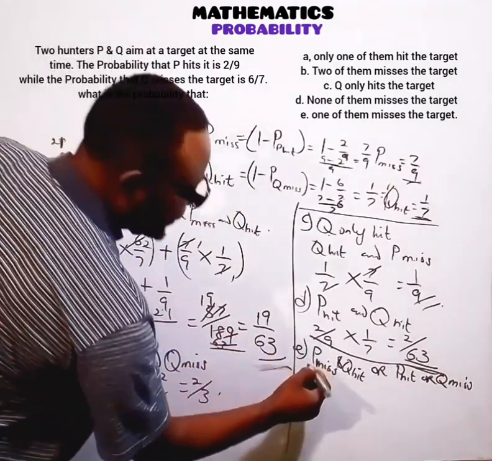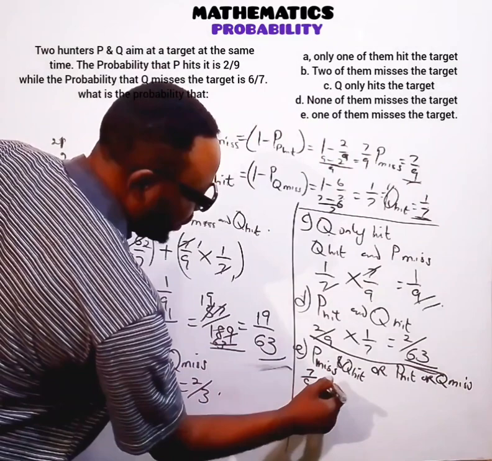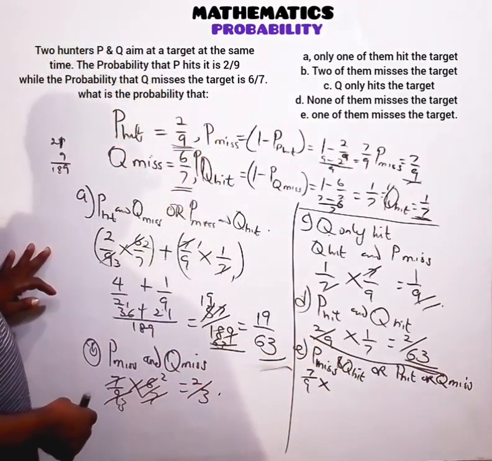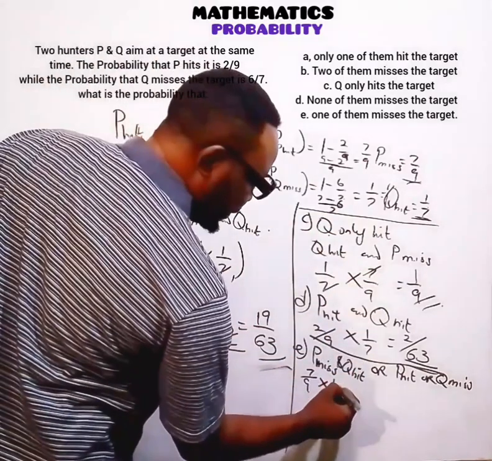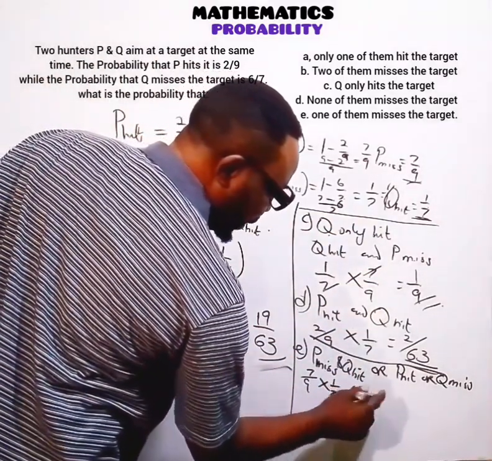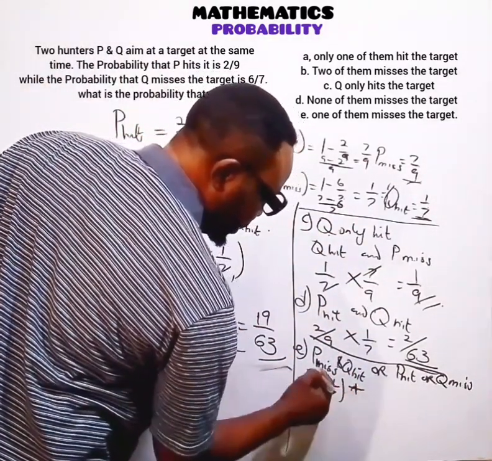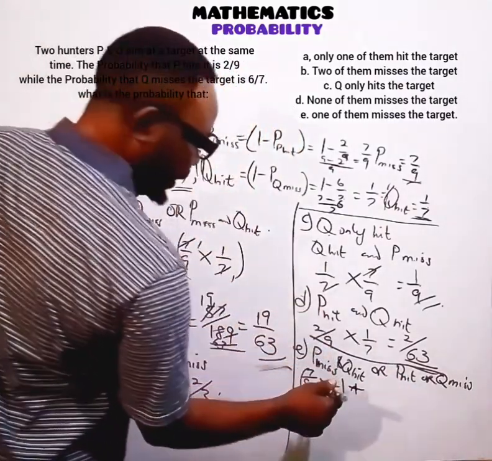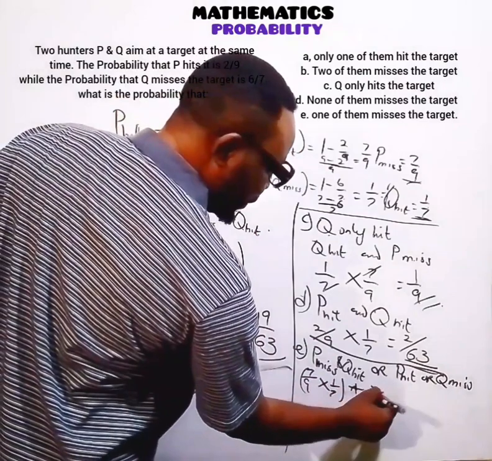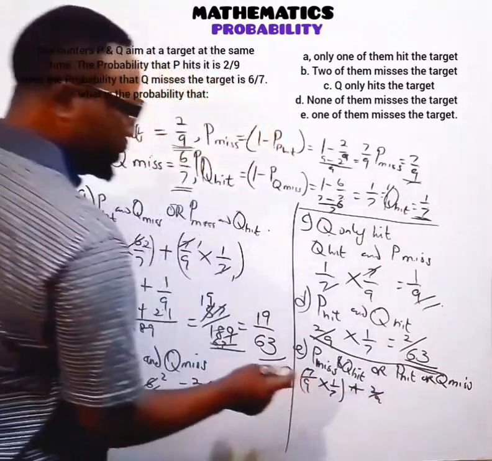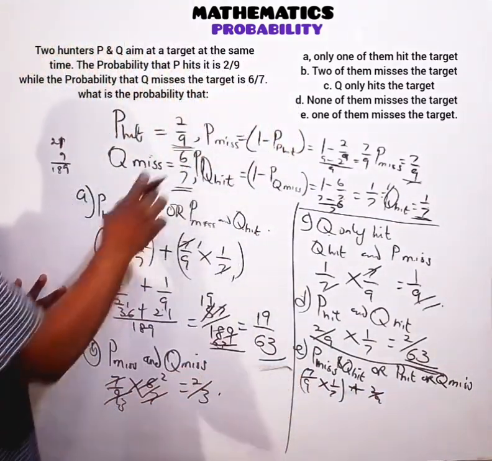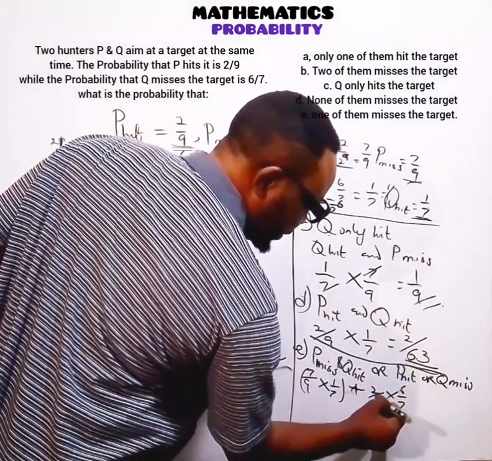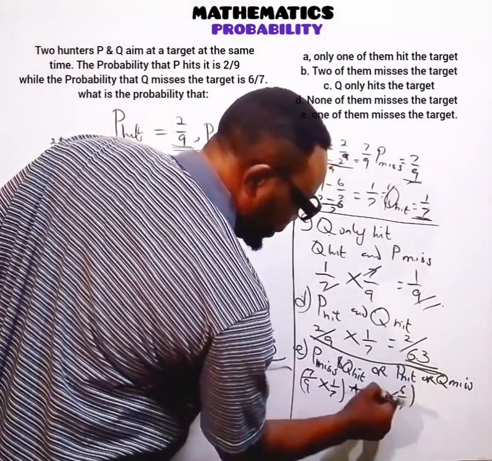P miss is 7 over 9, times Q hit the target, that's 1 over 7, plus, in brackets, P hit the target, that's 2 over 9, and Q miss the target, that's 6 over 7.